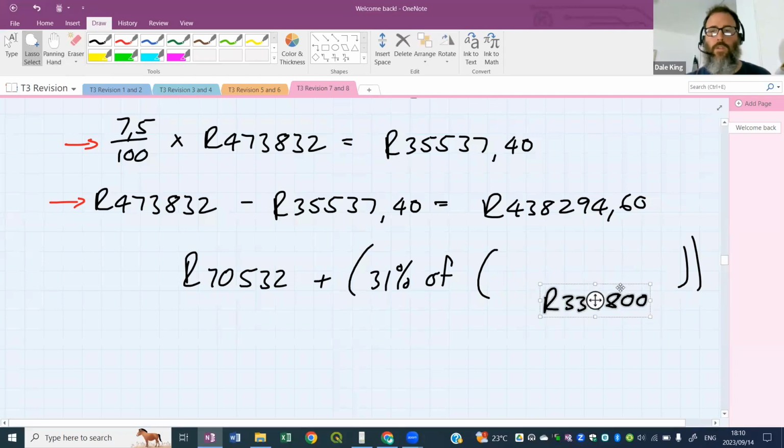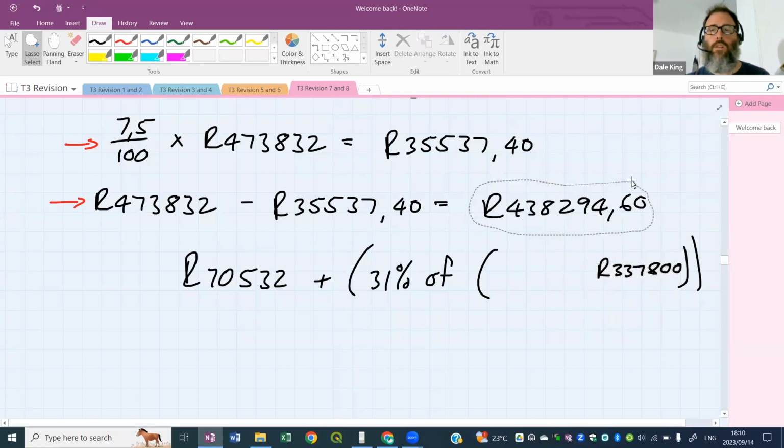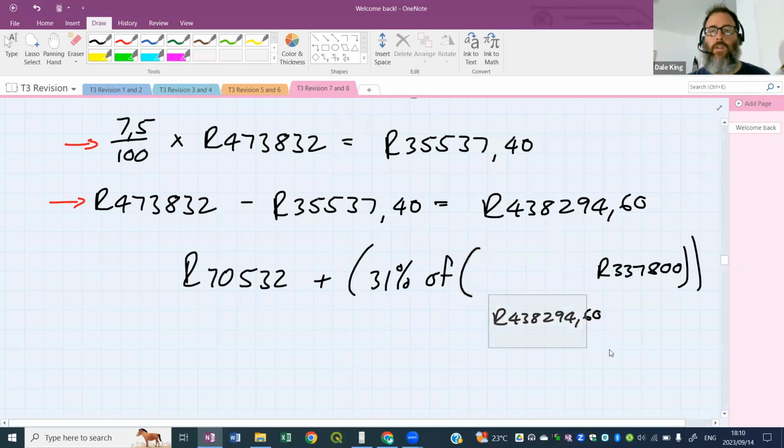Let's put this in here and shrink it a little, and then I'm going to take this and put it in here and shrink it a little to fit it in. There we go. It's not going to fit. Let's move this. All right, there we go.